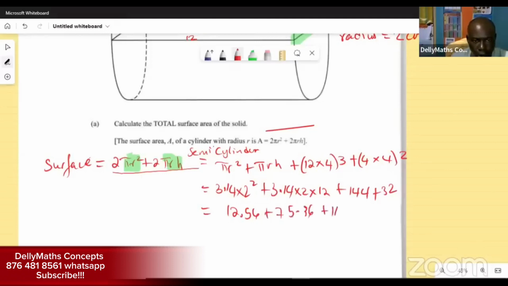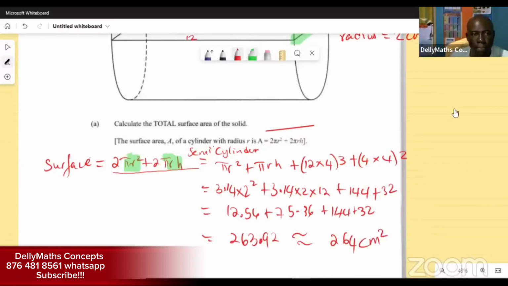We're putting together all of these, and then when we're done, that's the total surface area. 12.56 plus 75.36 plus 144 plus 32. And I am getting 263.92, which is approximately 264 square cm. So basically, that's our answer right there.